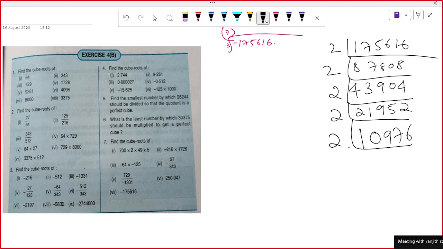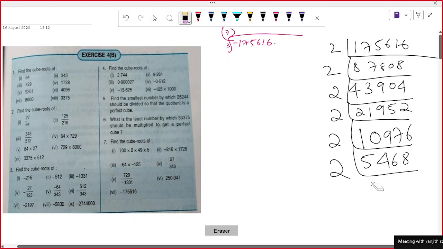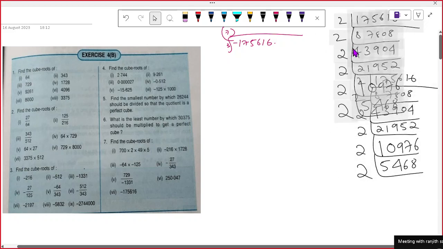And then 5,488. Okay, then. Can I continue? Yes, Lamula. Sir, two twos are 4.